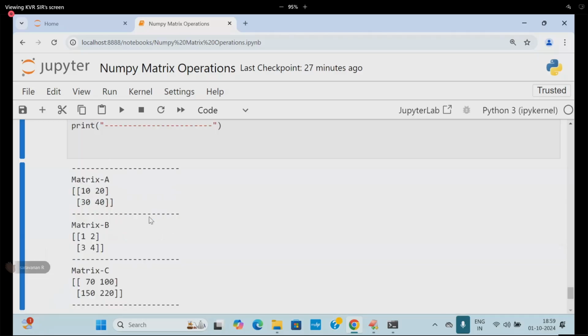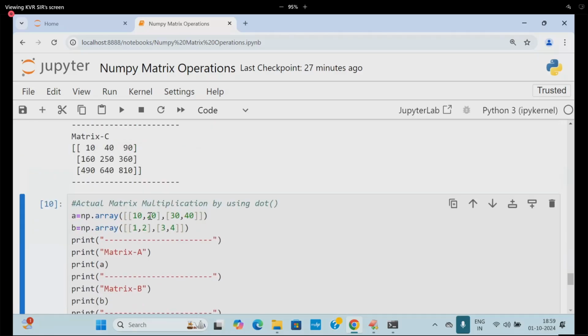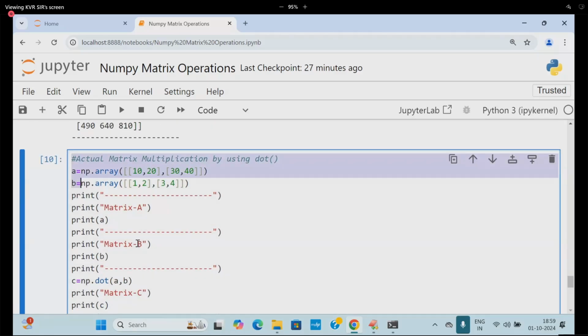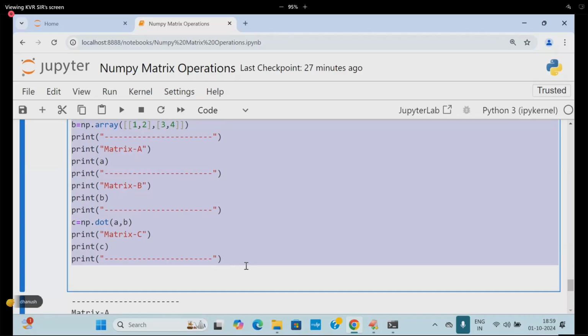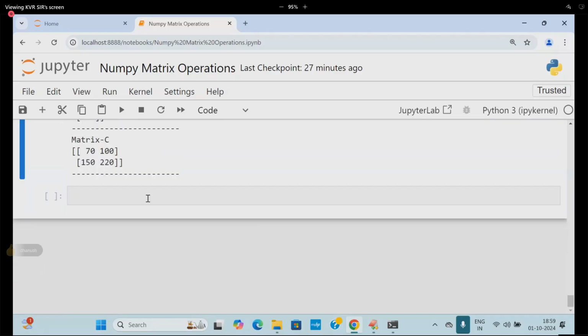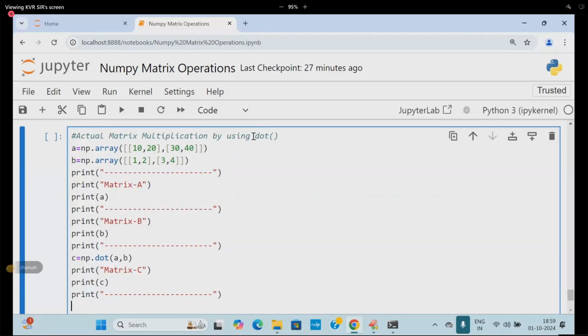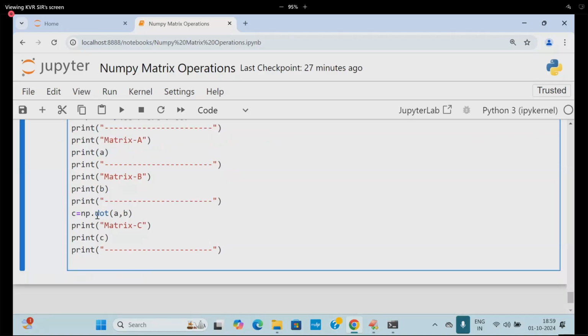Understand? Fine. Similarly, we can do the same thing by using matmul also. Matmul, matrix multiplication. What is the function name? Matmul, M-A-T-M-U-L. So I will write it here. Don't ask me, sir, which one is supposed to be used.